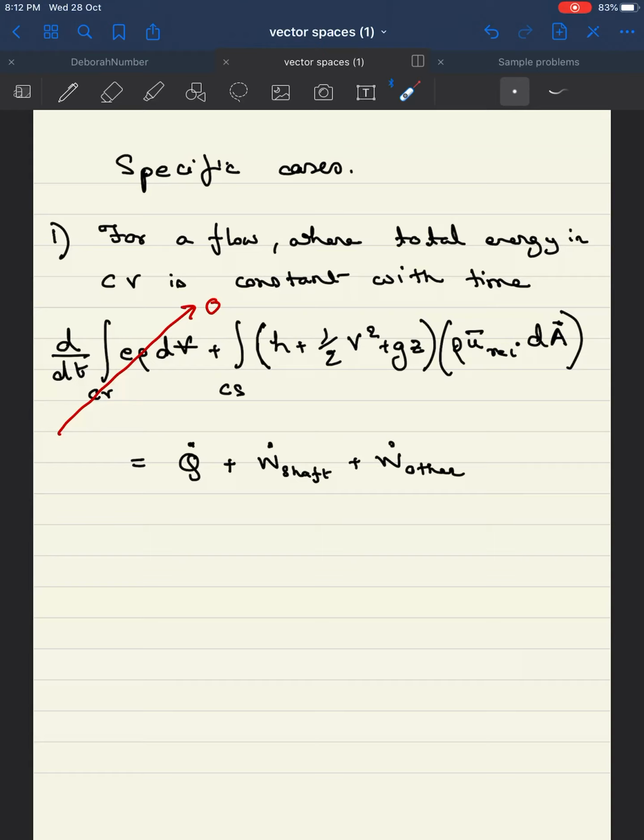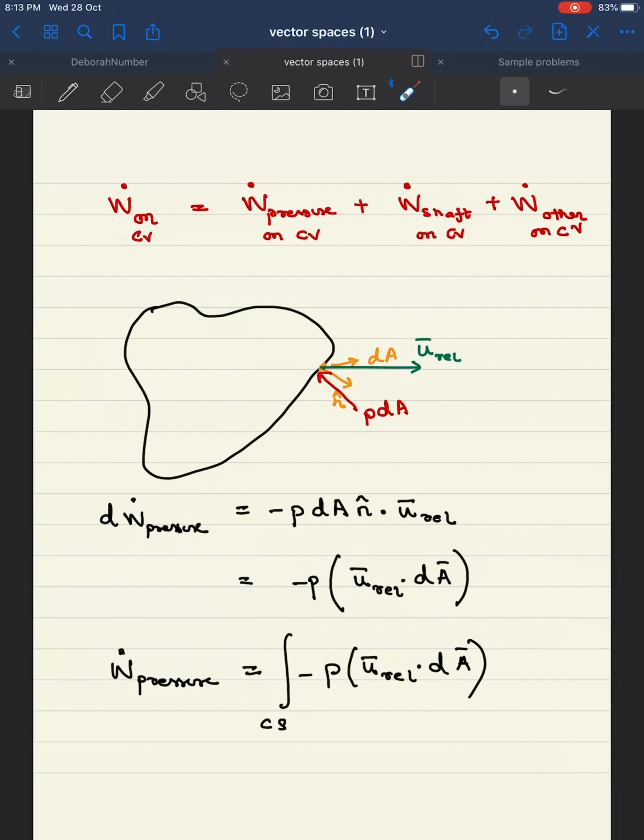But one more thing here is that when I say this is steady flow, this control volume can be composed of, maybe there's a pump in here, maybe there are pipes and all that, everything is in there, and the control volume just covers that. The total energy of this entire system may be constant with time, although there is some unsteadiness in the flow at the small scale.